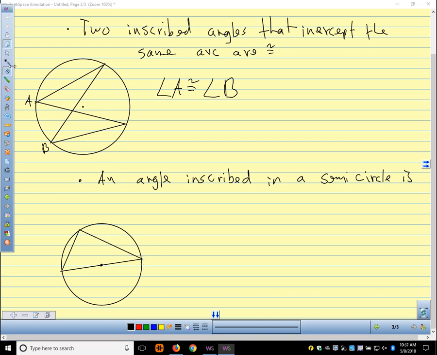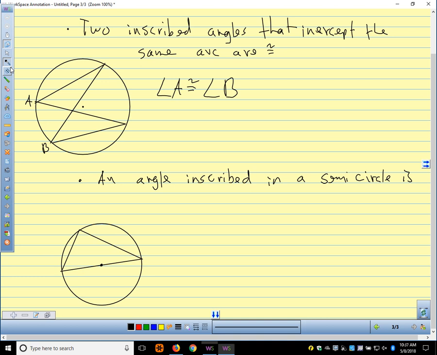Well, let's think about the rules that we just talked about. Half a circle is how many degrees? Well, how many degrees in an entire circle? 360, so half of it is 180. Well, if this arc is 180, to go from the arc to the angle, what do I do? Divide by 2.